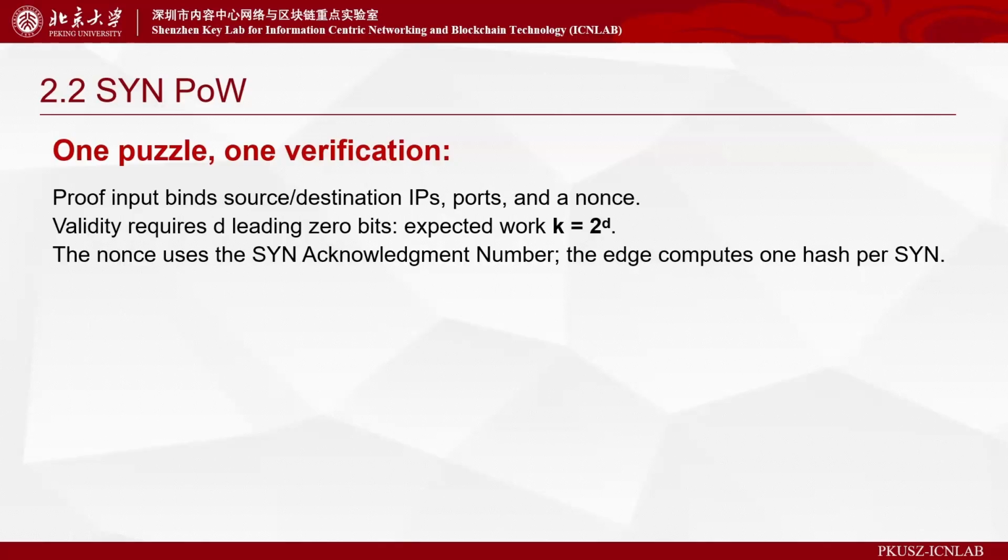Difficulty D means that the hash must contain D leading 0 bits, giving an expected sender work of 2 to the power D. Our prototype stores the nonce in the TCP acknowledgement number, which is normally unused in an initial SYN. The verifier performs only one hash for each received SYN. And importantly, verification cost does not grow with D.